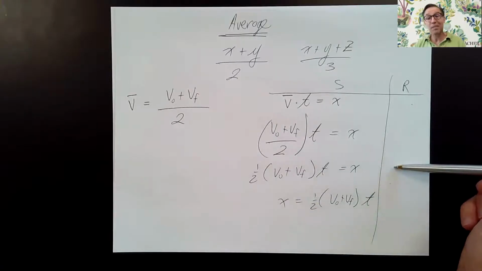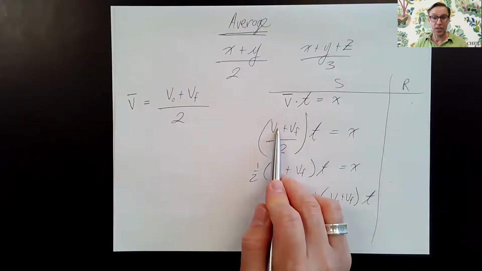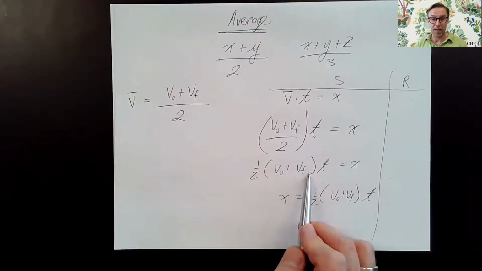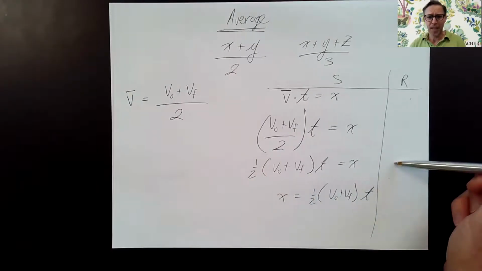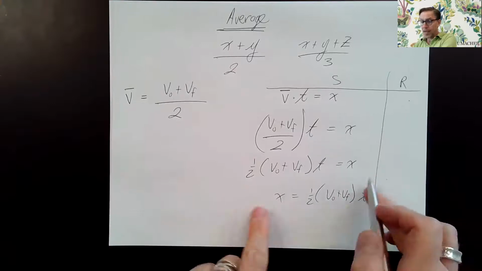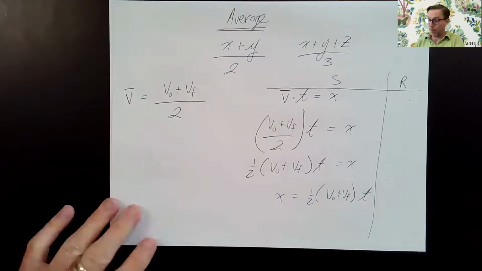Then this was, I would say, factoring. I factored out the 1/2. If I went from this line to this line, it's distributive, right? 1/2 v initial plus 1/2 v final. So factoring. And then when I switch the left side and the right side, do you remember that from the last video? Do you remember what I called that? I called that the symmetric property of equality.